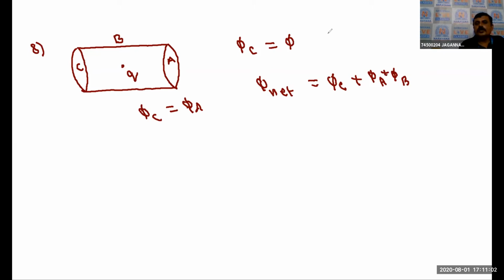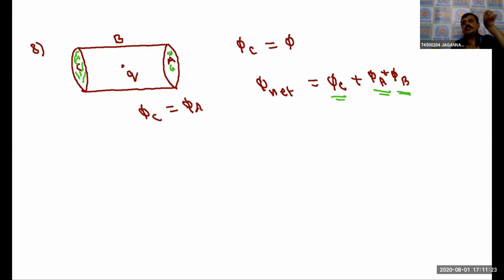Phi B is the electric flux due to the curved surface. Phi C and phi A are the electric flux due to this surface and this surface, these two surfaces.